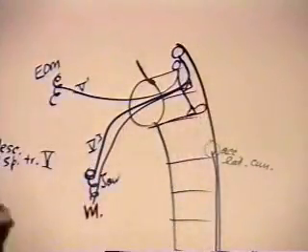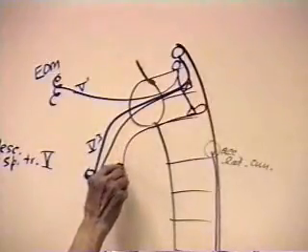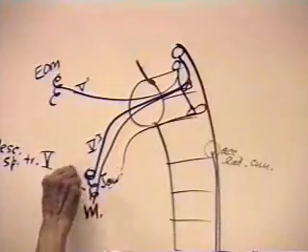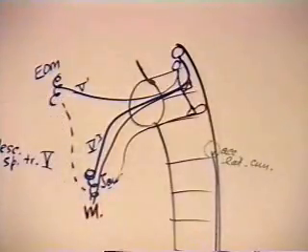whose axons come out and take a very prolonged course, some of which will branch off to facial muscles around the eye.